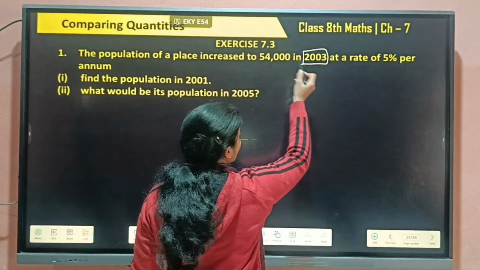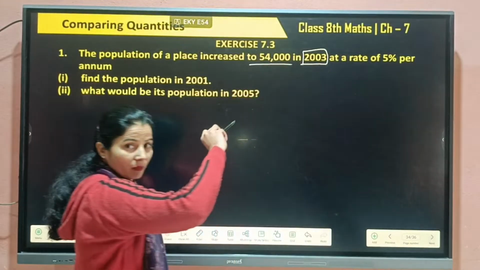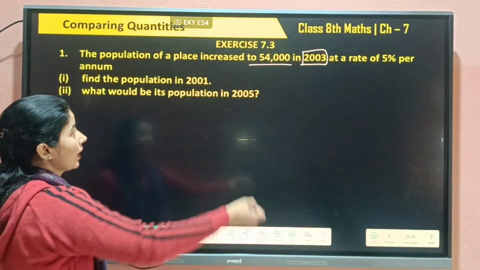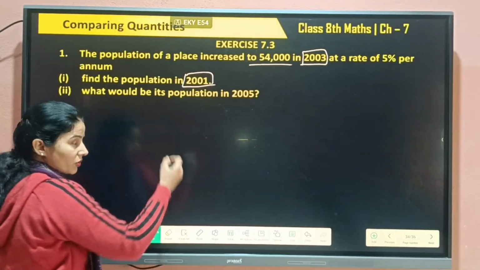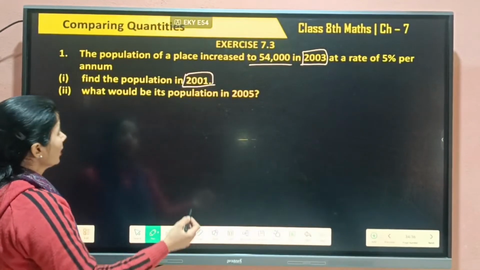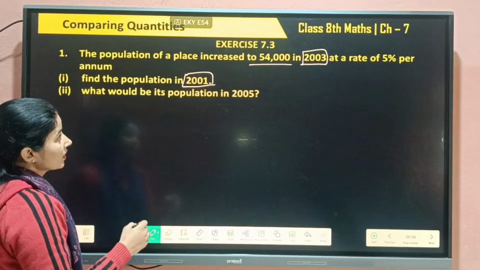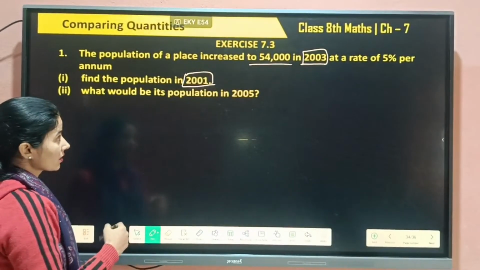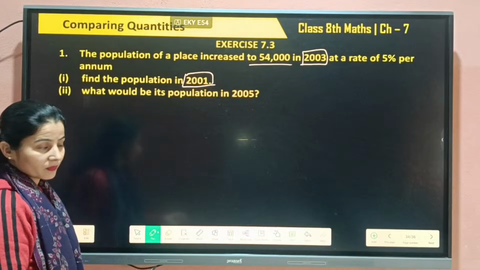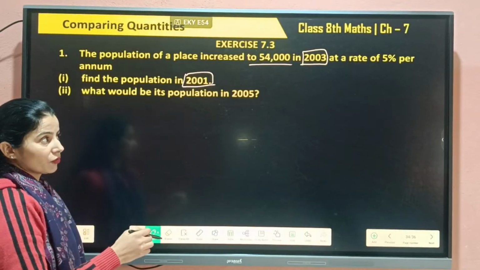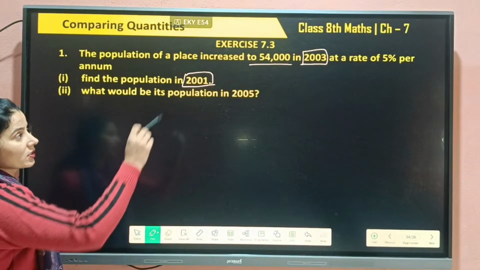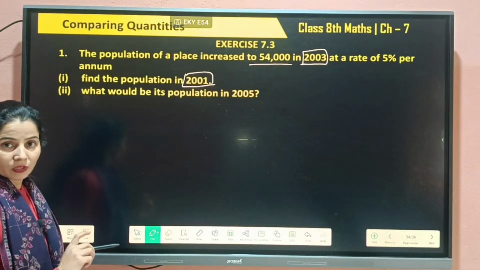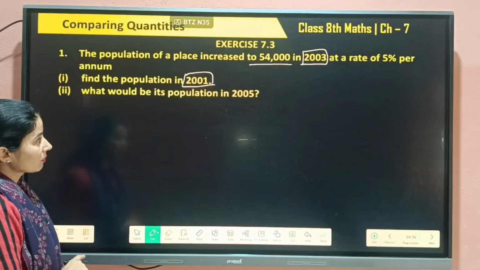It is increased population, meaning similar to amount, and we have to find the population in 2001. When we find its population before 2 years, it is similar to our principal. If we correlate this question with our amount formula, then this is the amount given to us, 54,000, and we have to find our principal value.